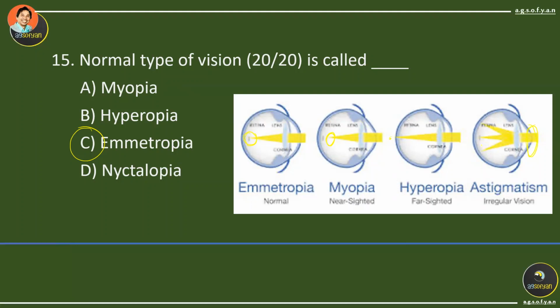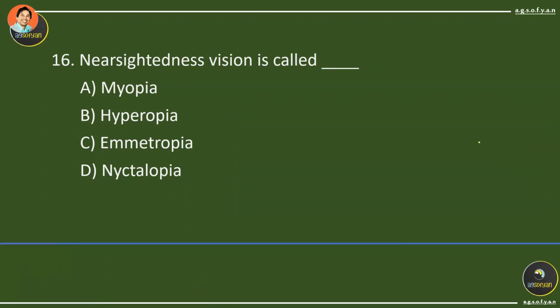So you're going to see three lines as one big line or thick line. So that's emmetropia. Okay, nearsighted vision is called A, B, C, or D.